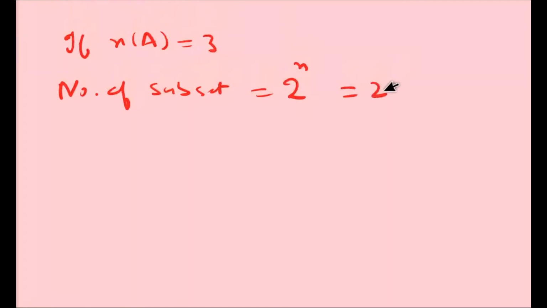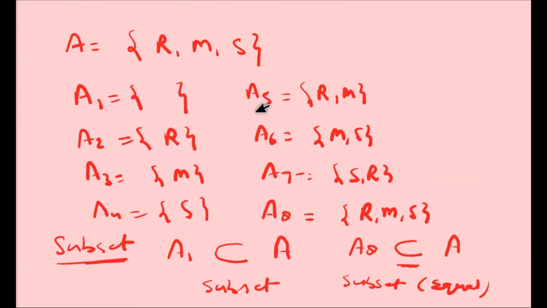Here we can see 2 to the power 3 equals 8. So the number of subsets we can find using this formula. Okay, what is the formula for the number of subsets? 2 to the power n. So in this example, 2 to the power 3 is 8, as we described here, these 8 subsets. So the formula is clear to you.